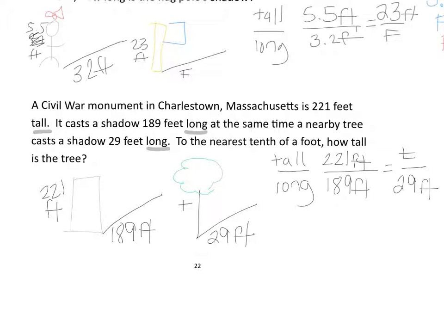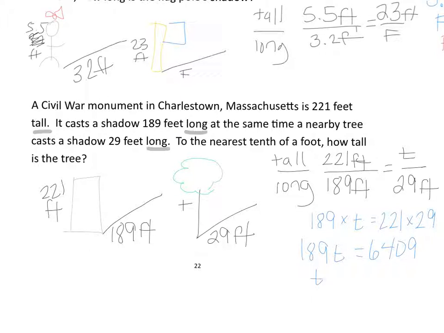So we solve our proportion. 189 times T and 221 times 29, giving us 189T is equal to 6,409.